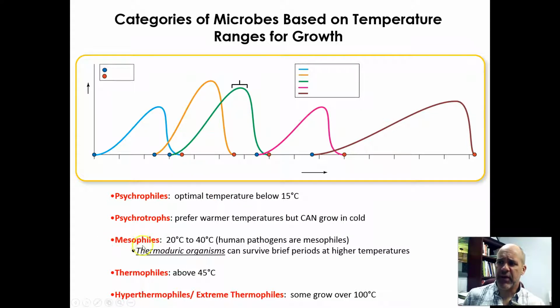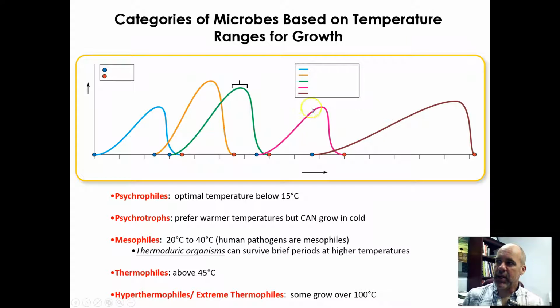All right, your mesophiles. Meso, that prefix means middle. Those are organisms kind of here in green. 20 to 40 degrees Celsius will be the optimal growth temperature. So humans are mesophiles. The pathogens, the pathogenic microbes that we study in this class, are going to be mesophiles since they're adapted to the human body.